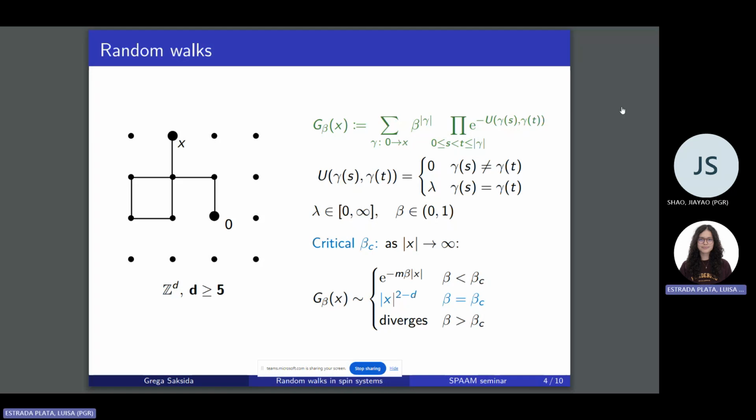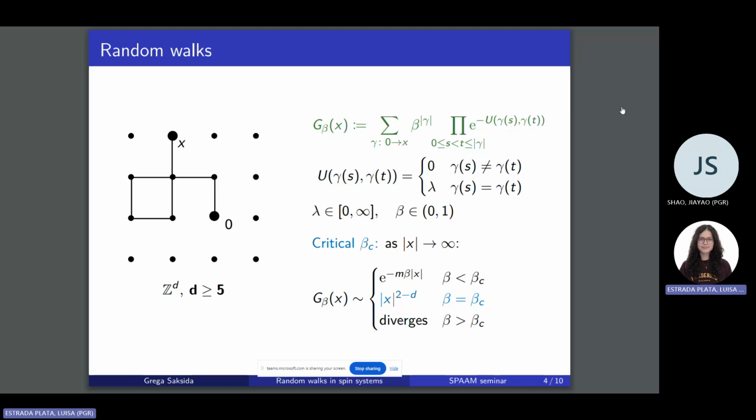And we can already see a similarity. Maybe you wouldn't expect this to have any resemblance to the Green's function for the Ising model mentioned earlier, but we can already see that even in this case, we get some sort of critical behavior, where there's a critical value of this parameter beta, where this Green's function changes asymptotics. So as we push x to infinity, so we are looking at random walks going from one side to a very distant side, below the criticality, we get exponential decay.